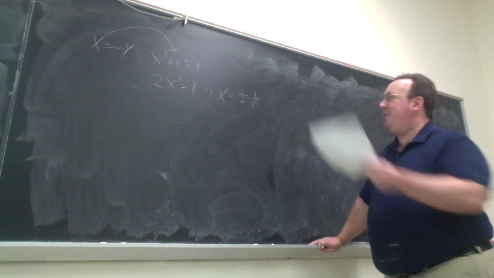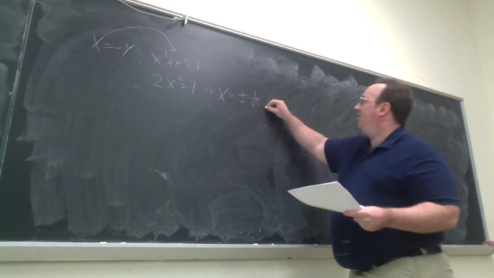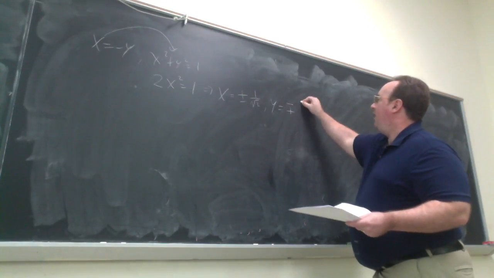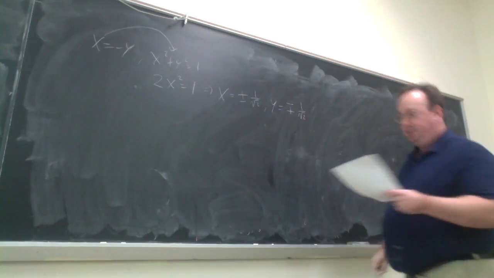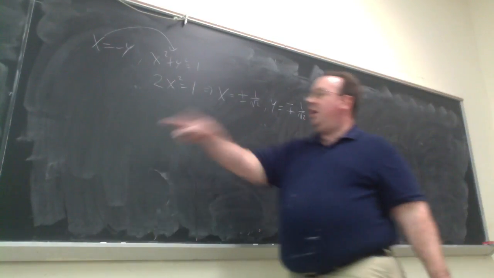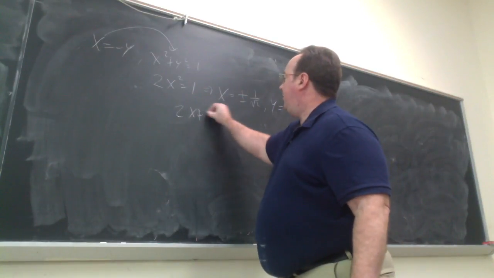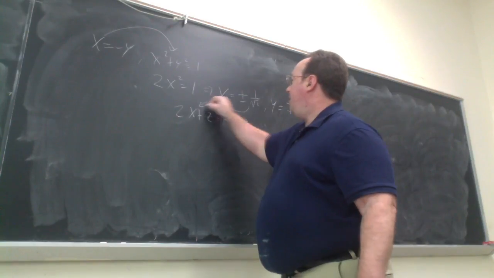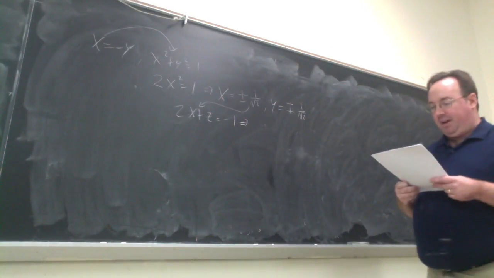Okay, so now we have values for x, and therefore y is just a negative of that. I'll write it this way, minus plus 1 over square root of 2. And we know how to get z because 2x plus z is equal to 1. So I can just go ahead and substitute these values in for x.